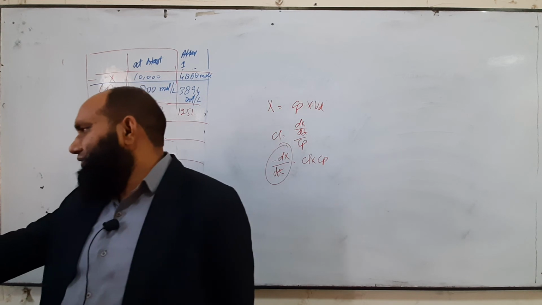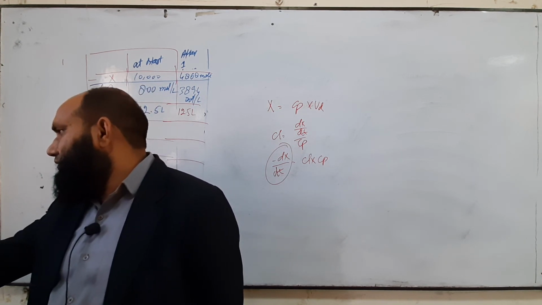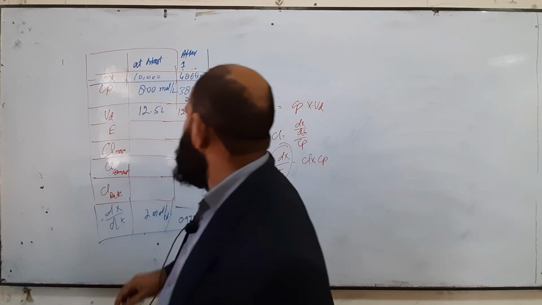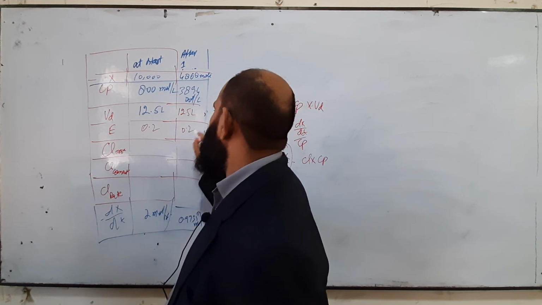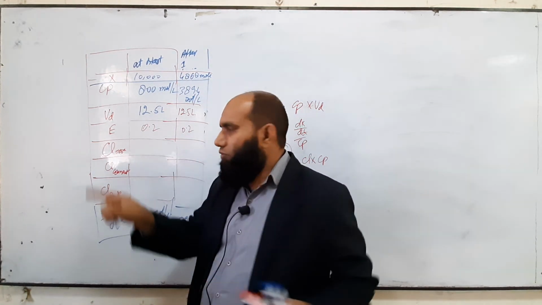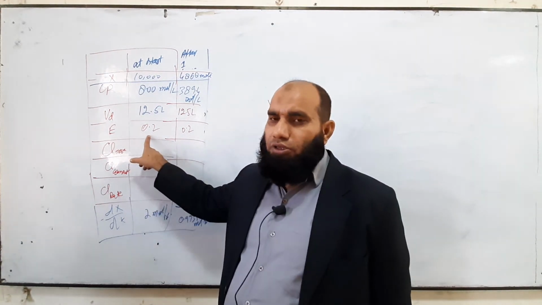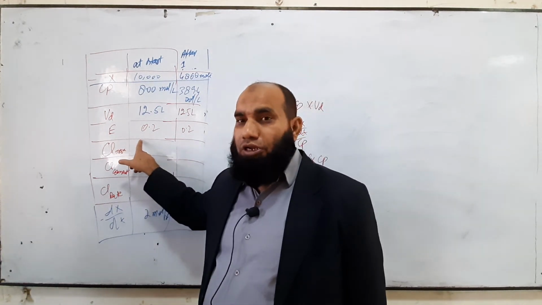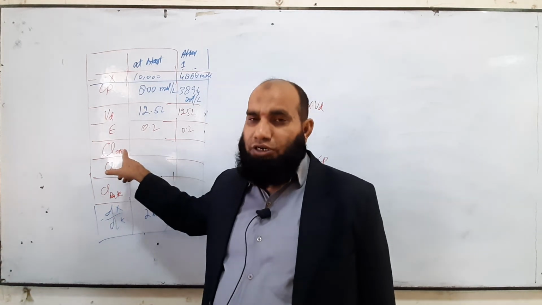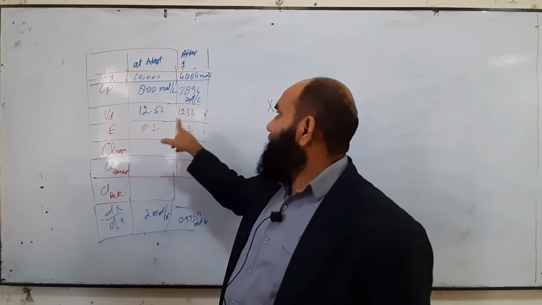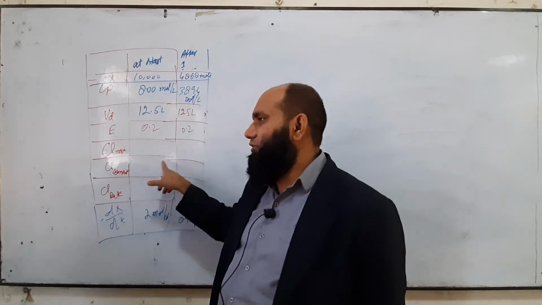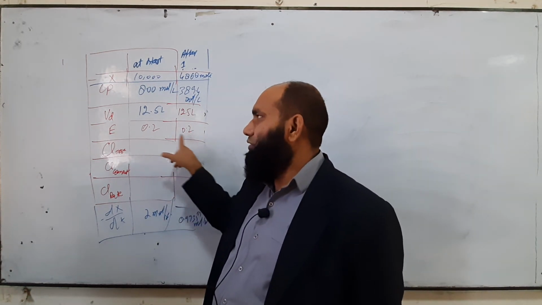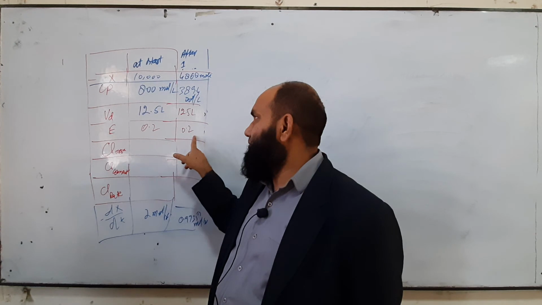So E is the same at time t and at 1 hour. This is 0.2 and 0.2, because we assume that 10 molecules are moving and 2 molecules are getting metabolized. Now fewer molecules are moving and fewer are getting metabolized, so our efficiency will be the same.